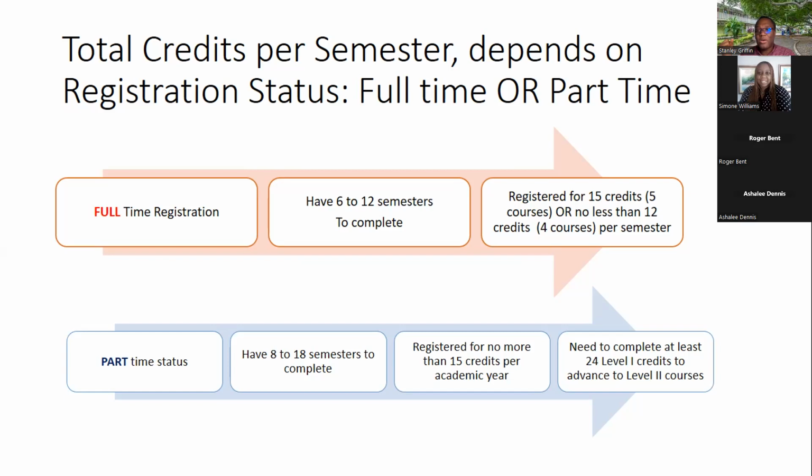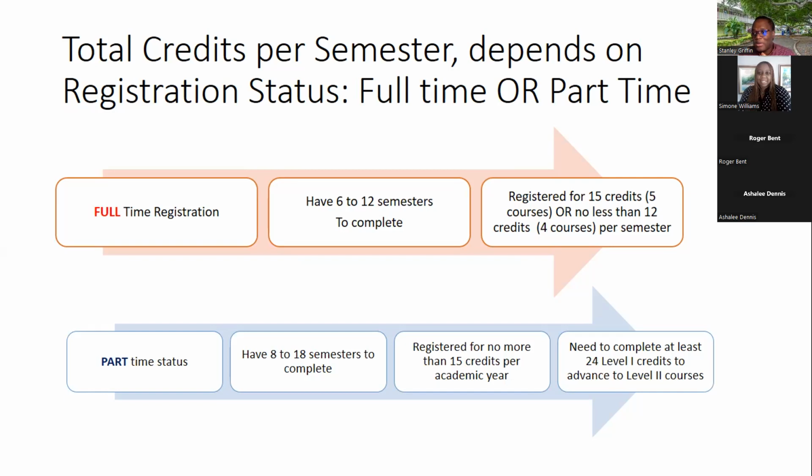Part-time persons in our faculty simply means that you may have been accepted to the university on the low matriculation. Low matriculation meaning you did not necessarily have the requirements at the CAPE level. And so based on your CSEC accomplishments, we accepted you in, with the idea that you will take fewer courses, move at a slower pace, adjust yourself accordingly.